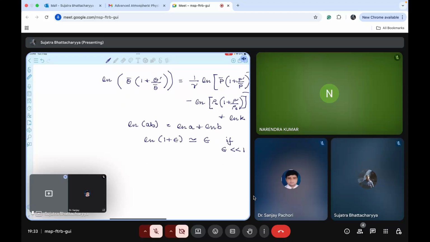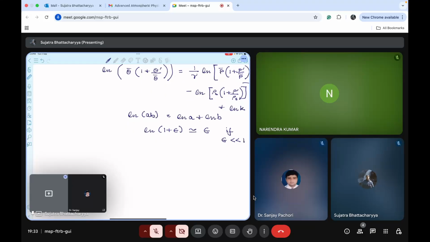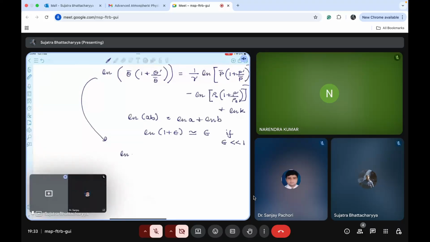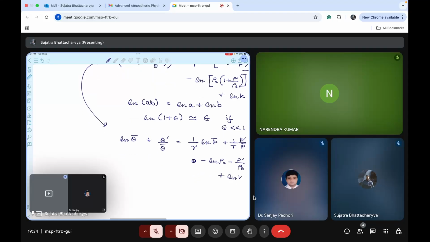Here, the perturbation is much smaller than theta bar or 1. So we can write this expression as log of theta bar plus theta dash by theta bar, equal to 1 upon gamma log of p bar plus 1 by gamma p dash by p bar, minus log of rho naught minus rho dash by rho naught, and log of k.